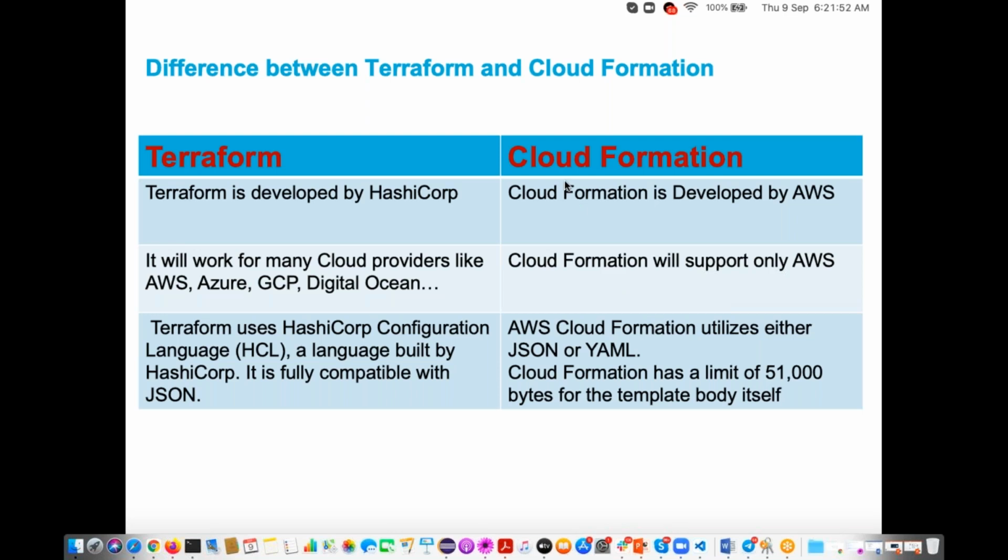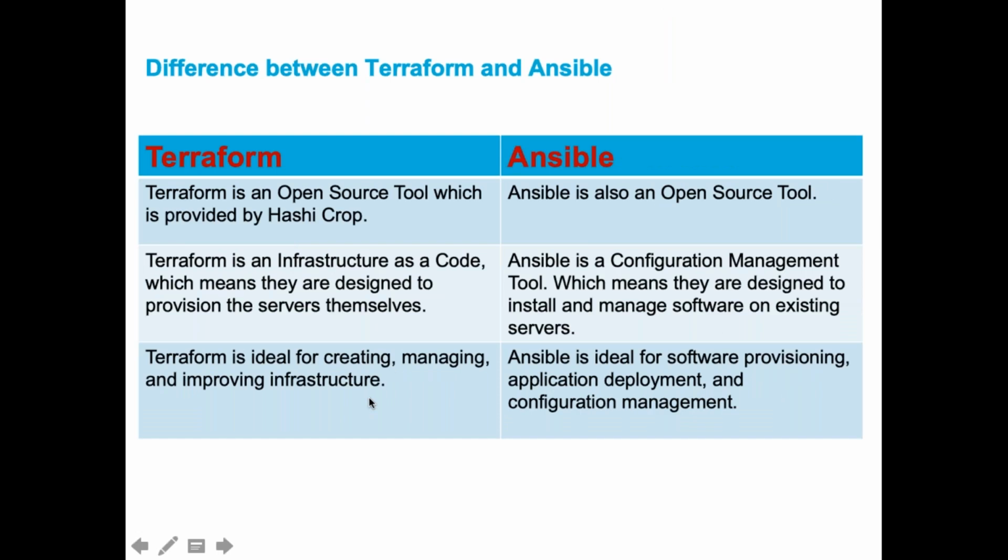So don't go and learn CloudFormation. It will support only AWS, right? So that's why Terraform became popular nowadays. Clear? Does anybody have any questions on this slide? If not, I will go to the next slide.